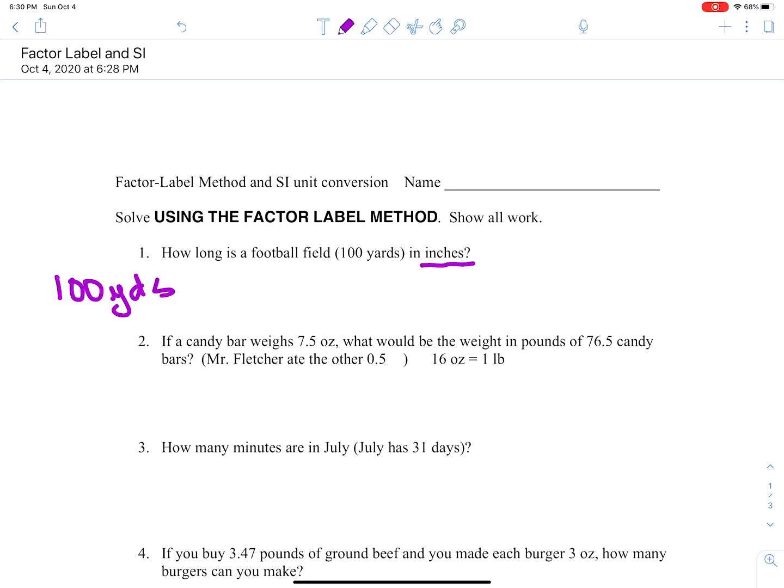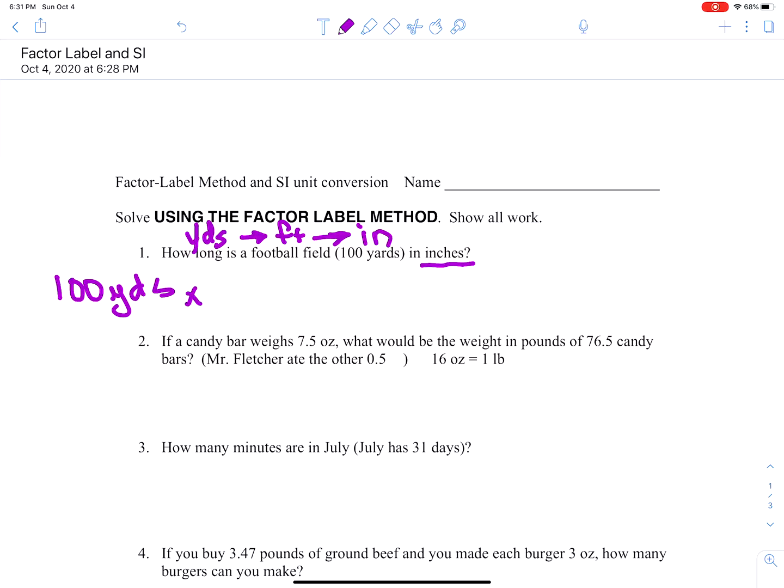So the plan is we have to go from yards to feet to inches. And most of you will be like, okay, well, I can do that in my head or my calculator, and I can set that up pretty easy. I want you to be able to set it up on paper so you can see how the units cancel out.